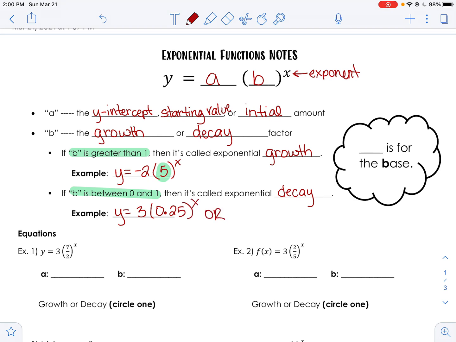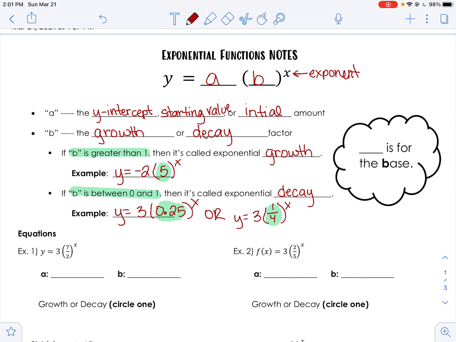Or it could be y equals 3 times 1/4 to the x power. Okay, it doesn't matter if it's a fraction or decimal, it just has to be between 0 and 1. So 0.25 is between 0 and 1, and 1/4 is between 0 and 1.